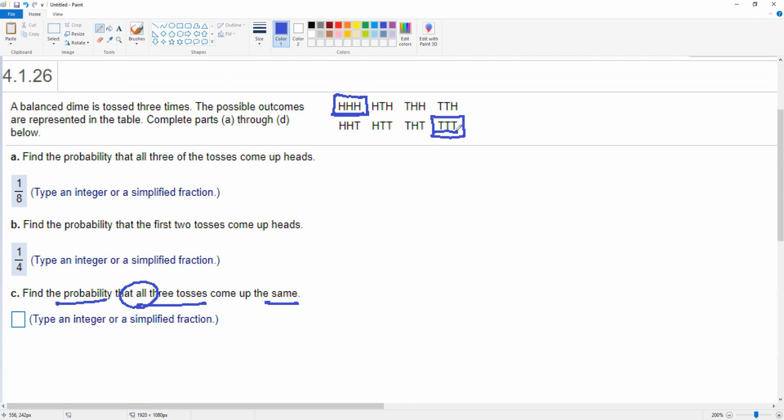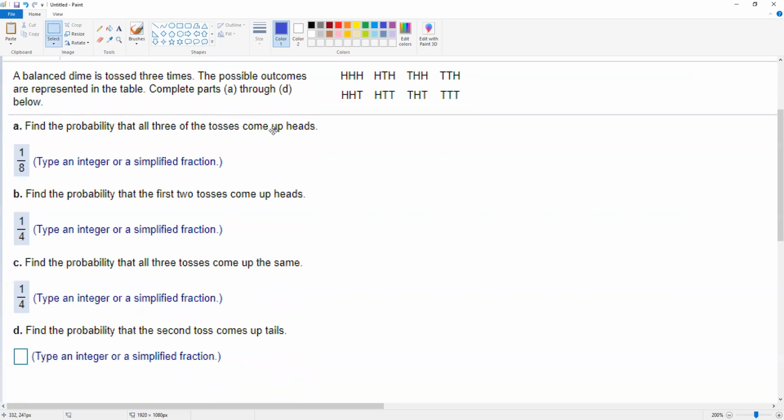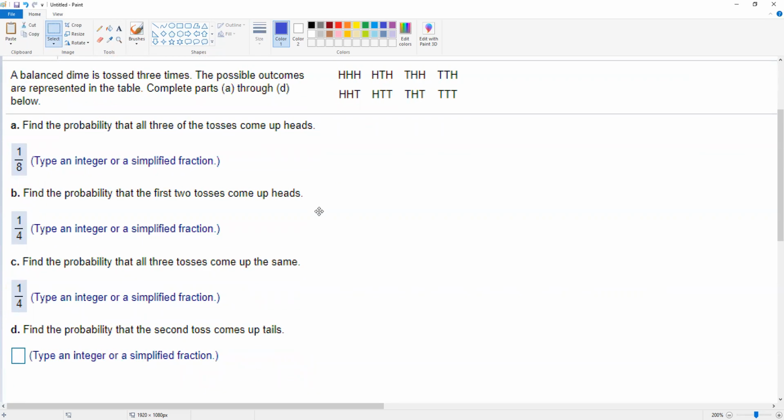So we have another 2 outcomes out of 8. Simplify, 1/4 again. So when you take the probability, you just count how many cases, out of the sample space. It's always out of 8.